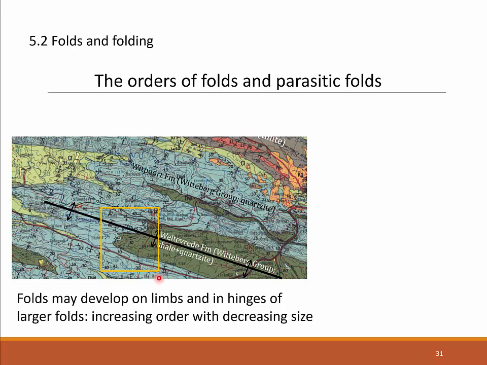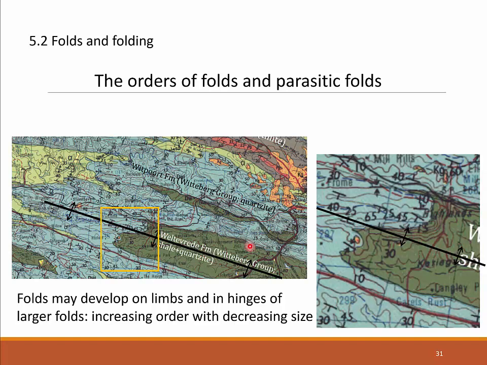Let's look a little bit closer at this area here, at the fold closure of our first order large-scale anticline, and we see that here in our close-up. The first order anticline would cut through somewhere here, but we find there are further lobate and cuspate shapes which indicate that there are further smaller scale structural elements, and one of them is already indicated here in the form of the symbol for a synformal fold.